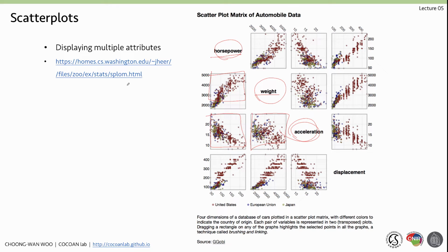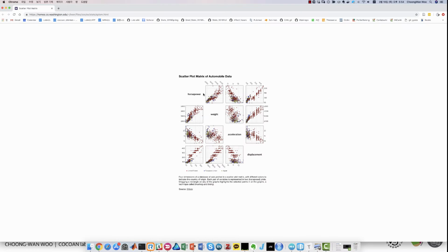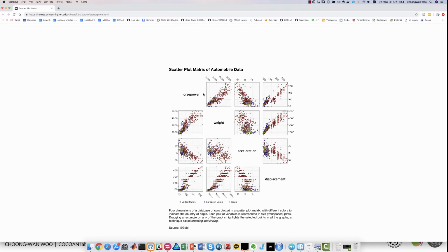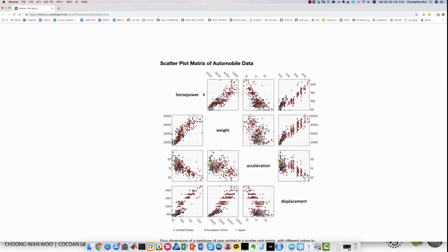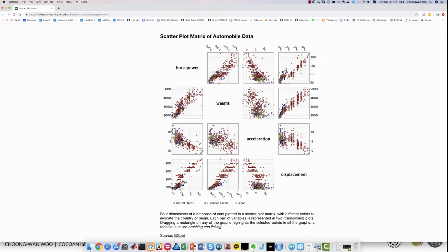This website has a really nice visualization, and I actually want to show you the site. Let's see if I can show you. This is an interactive plot. You can actually visit the website, so you can choose the area and data and show the relationship among these variables across multiple plots.